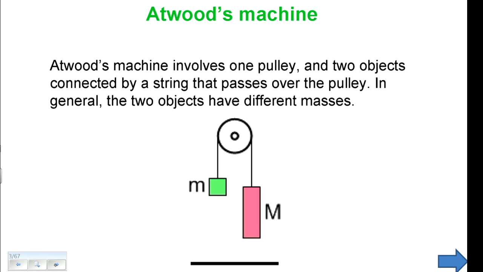The fact that the string is massless tells us that tension is the same. Massless string means the force of tension in the string has the same magnitude everywhere.